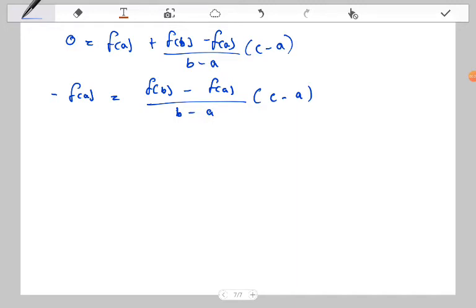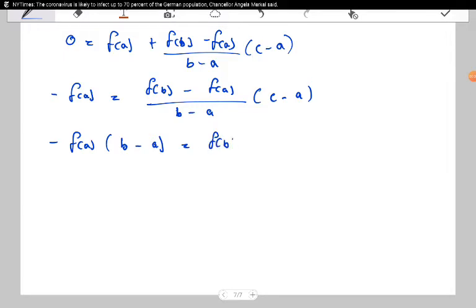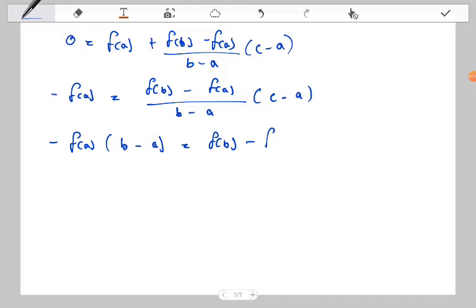So you take this, you multiply by that. This can be multiplied, and you're going to get (b minus a) is equal to (f of b minus f of a) and (c minus a). So here again you can multiply this out.